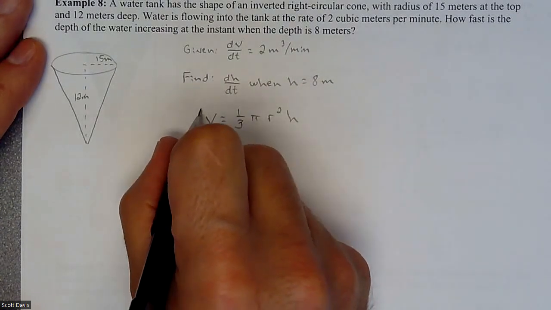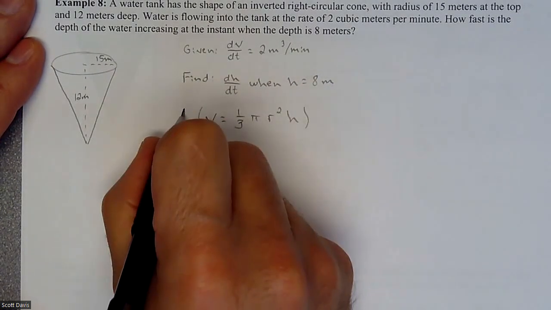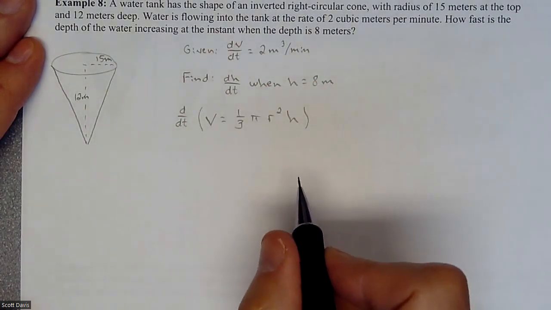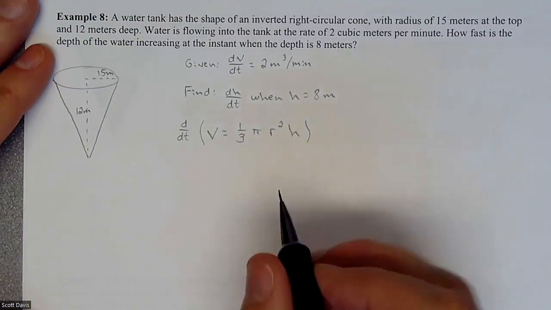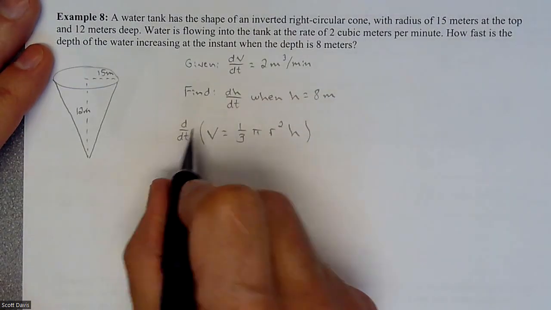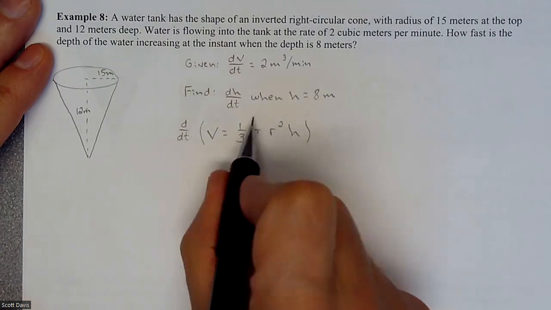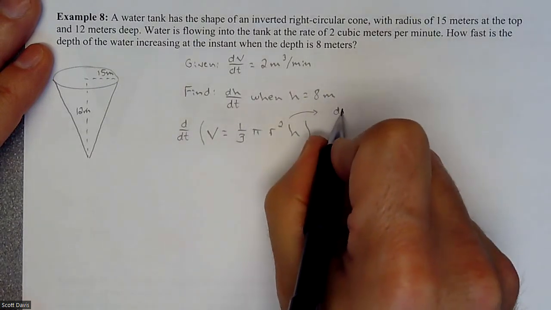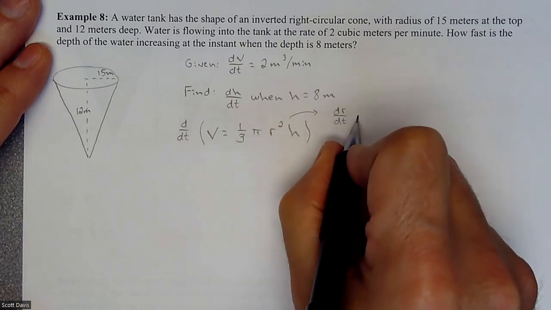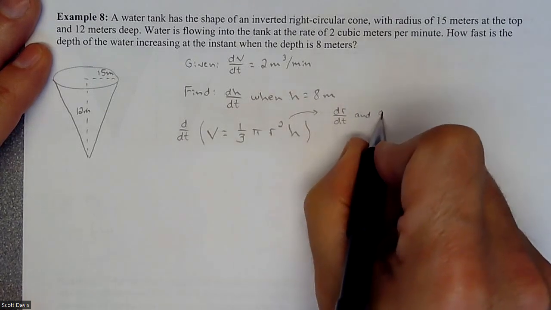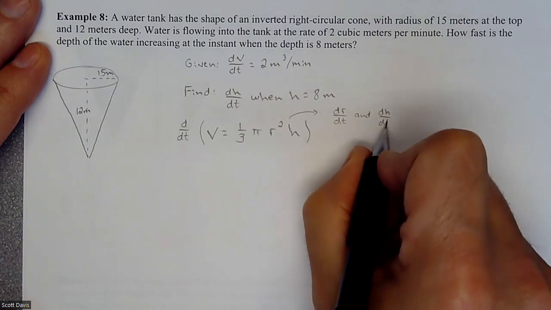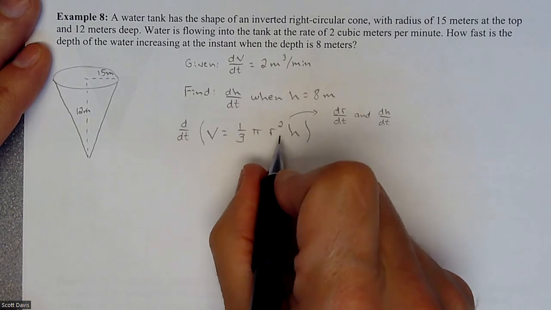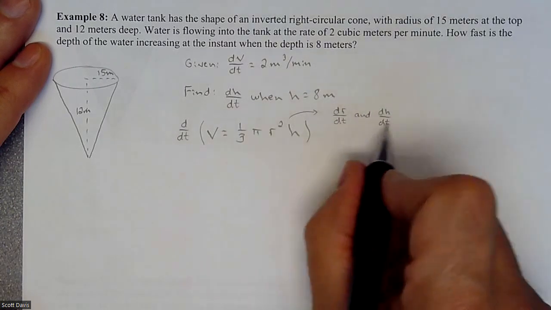We would be taking the derivative of this with respect to time in order to create these dV/dt and dh/dt. But the problem is that when we do this, we are going to be creating a dr/dt and a dh/dt because we have a product rule between them. We'd be taking the derivative of each of those variables with respect to time.